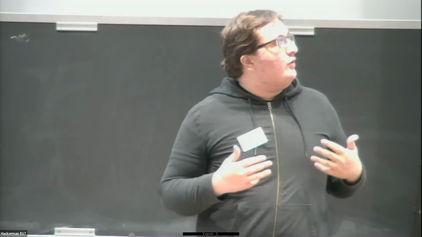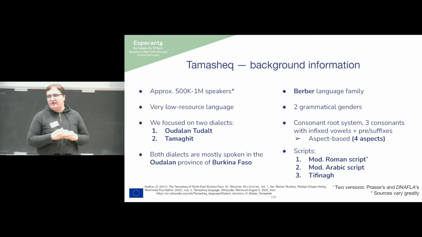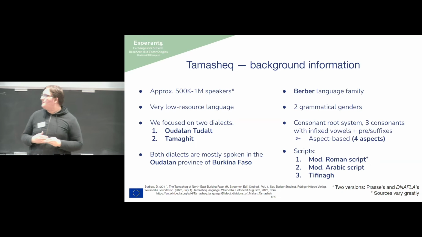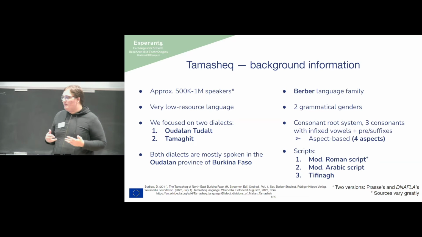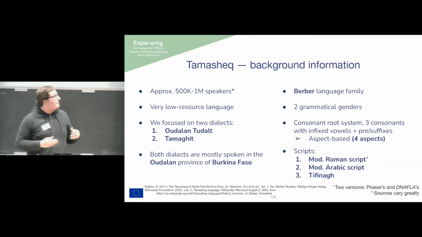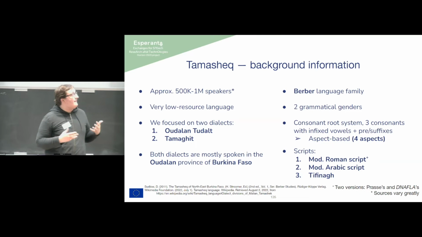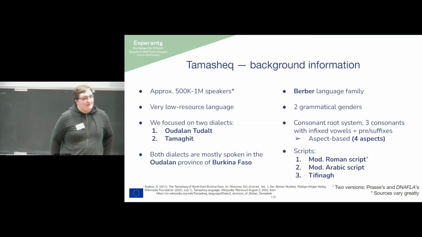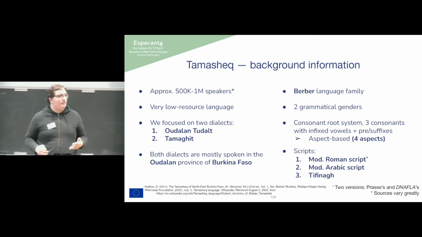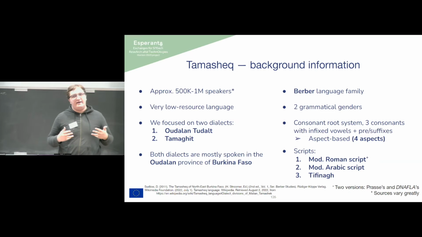Now, before going into the actual corpora itself, I want to give a brief rundown of the language, both the area it's spoken in, as well as some more linguistic details. As you can see, first things first, the approximate number of speakers is 500,000 to 1 million. That's a wide margin of error, and that's because we're dealing with a very low resource language in an area where there's not a lot of ability to get good statistics.